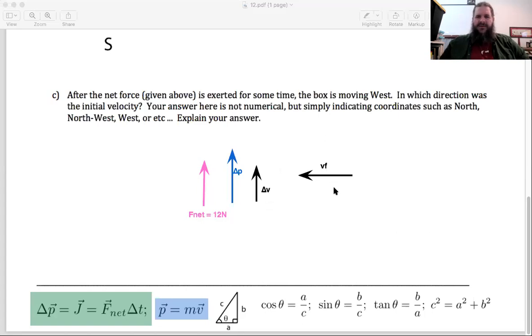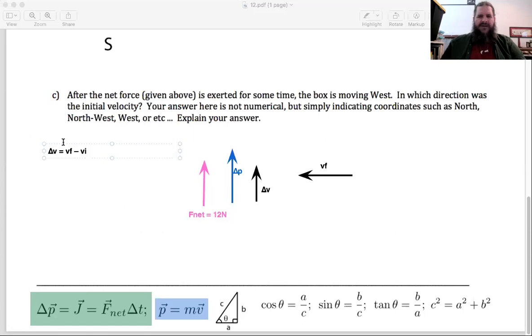So we now know the final velocity, at least in terms of direction, and also the change in velocity. How could we use those in a vector equation to find the initial velocity? What's the usual relationship between initial value, delta, and final value? Yeah, delta velocity equals v final minus v initial.